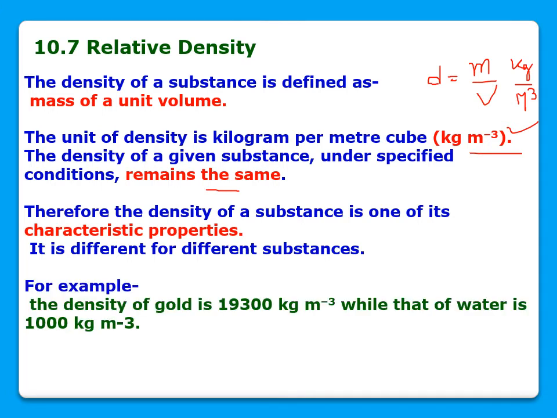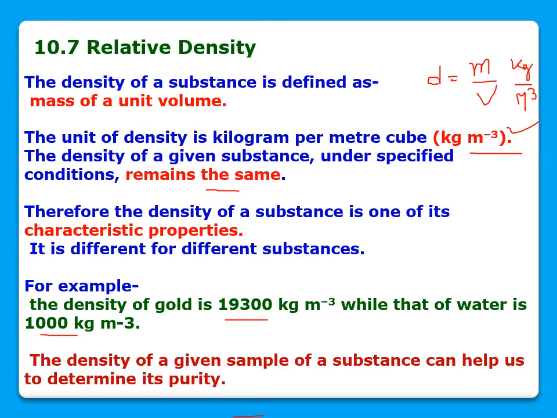The density of gold is 19300 kilogram per meter cube, while density of water is 1000 kilogram per meter cube. Okay, so density of different substances is different. The density of a given sample of a substance can help us to determine its purity.